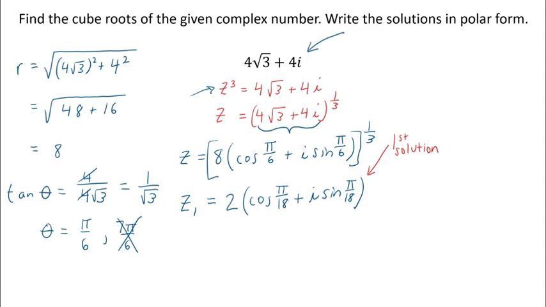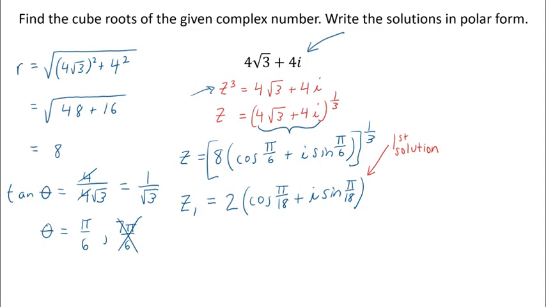And because we're finding cube roots, we know there are going to be 3 solutions. And we know those 3 solutions have to be evenly spaced around a circle from 0 to 2 pi. So that means that each one of them will be 120 degrees apart from the other. 120 degrees in radians is 2 pi over 3 radians. So I need to add 2 pi over 3 radians to my argument of pi over 18 to find the location of my next solution. 2 pi over 3 radians is the same thing as 12 pi over 18 radians.